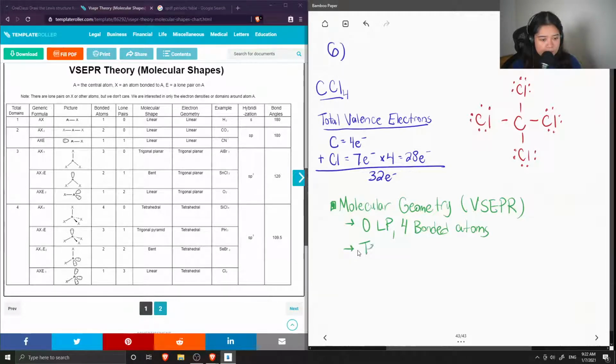So let's write this down. We have a tetrahedral. So this is sp3 hybridized. And the bond angles are all 109.5 degrees.